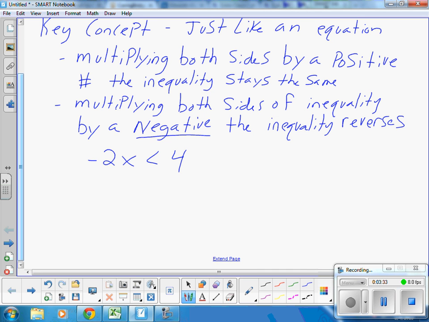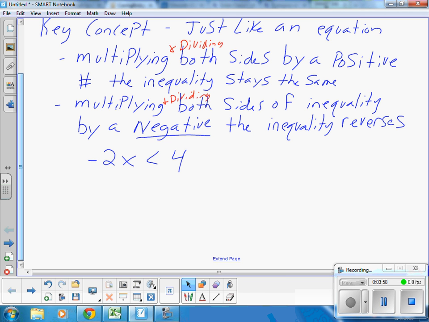This should be multiplying and dividing, because I'm not going to rewrite all the stuff for the dividing one. When you multiply and divide both sides by a positive, the inequality stays the same. Multiply and divide both sides of an inequality by a negative, the inequality reverses.